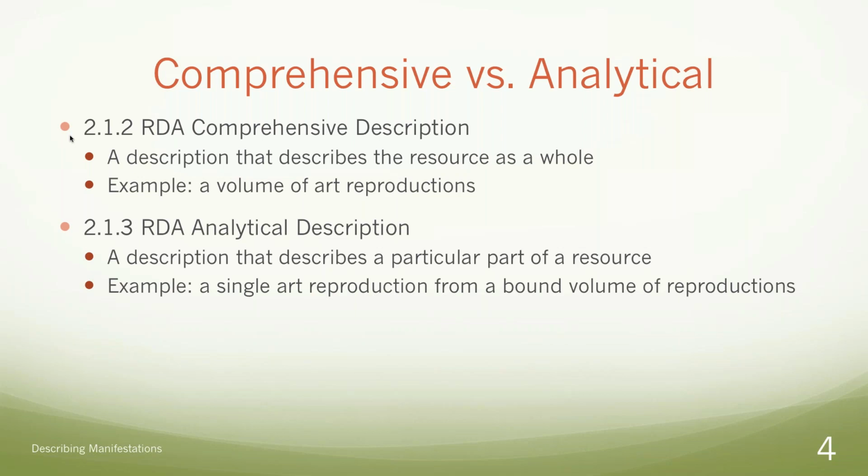An analytical description would be if you take one page out of that book and catalog that one page, the image that's on that page. So that would be your analytical description. And then you would have a relationship that would say that it is coming out of or is part of that book that you're referring to. So when we say comprehensive versus analytical, we're talking about whether we're cataloging the whole or one piece of a whole.